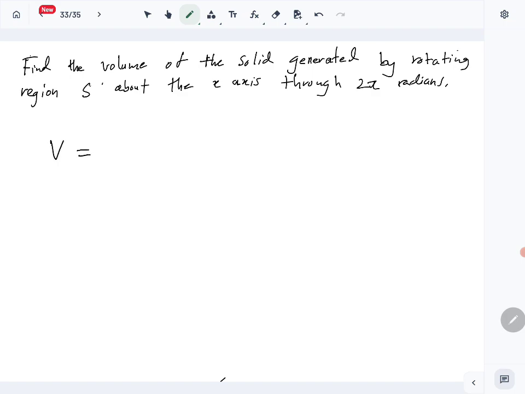So the volume is given by pi times the integral of e to the square root x, squared, dx from 1 to 4.